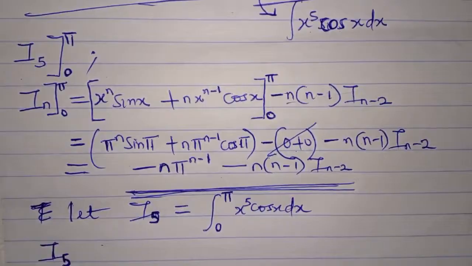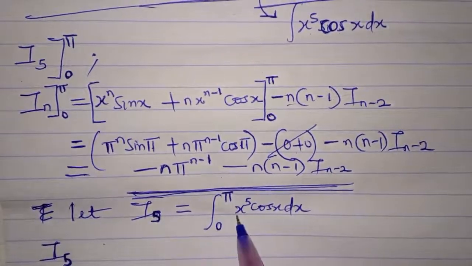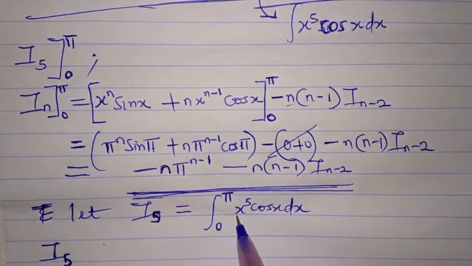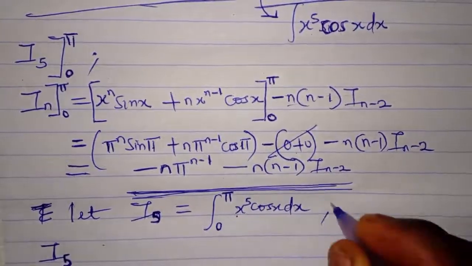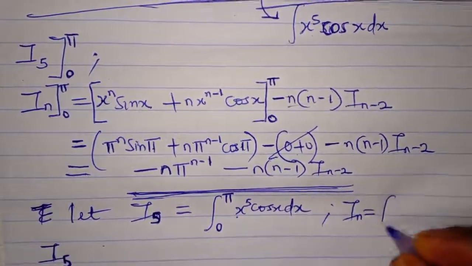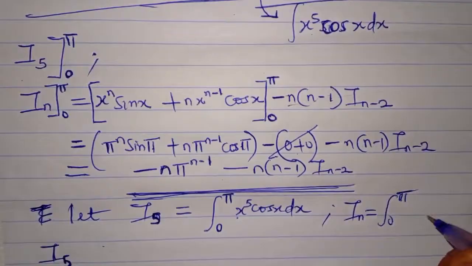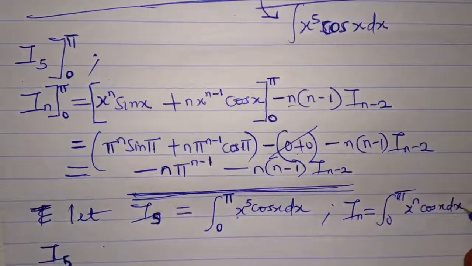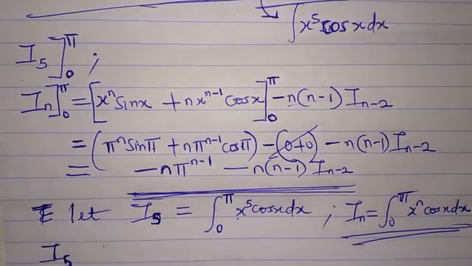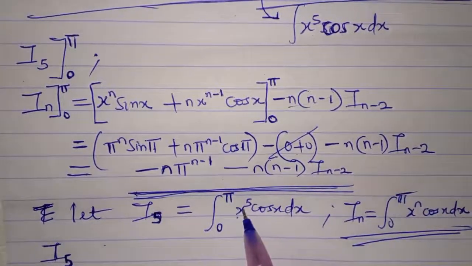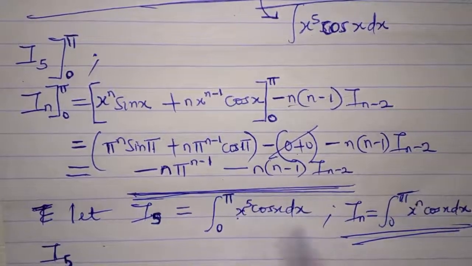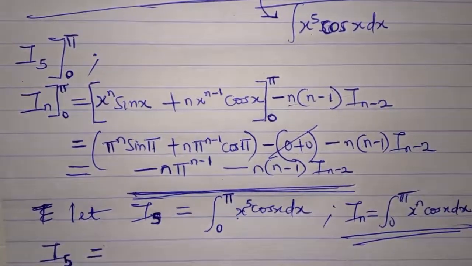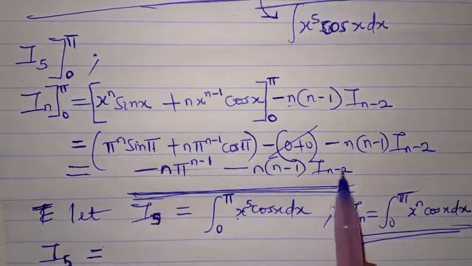So we are trying to say that I sub n is the integral from 0 to pi of x to the n cos x dx. So if this is true, it means that I5 is equal to this because n is 5. So I5 will be using this reduction formula now.